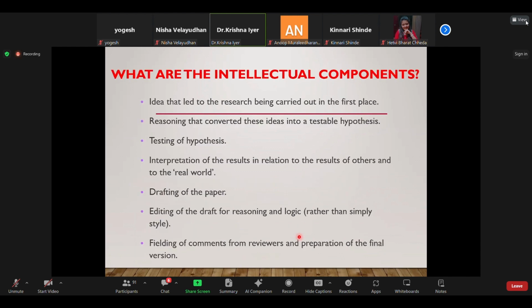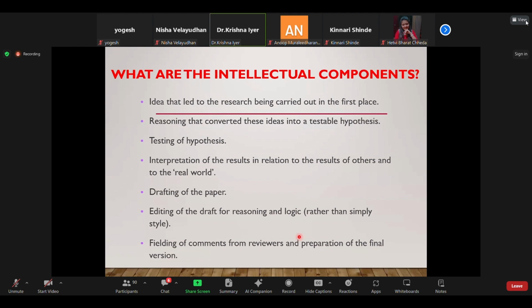Now, what we meant by the intellectual components that I just talked about, which give you a right to be an author: one is, are you the person who generated the idea that resulted in the research being carried out in the first place? Or have you contributed to the reasoning that converted these ideas into a testable hypothesis?